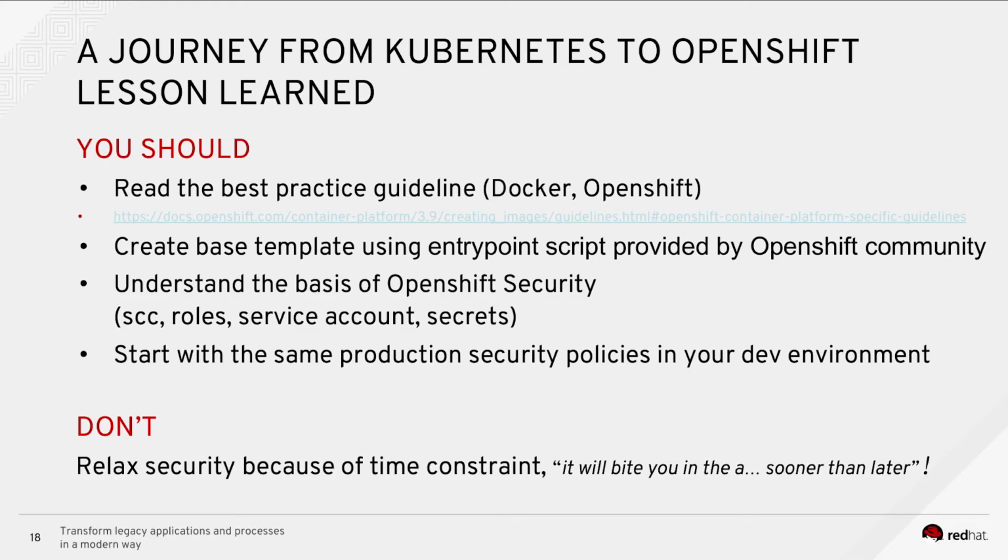First, start by reading the best practices, even for Docker, Kubernetes, and OpenShift, because you'll learn a lot of things. And when you start and you don't have the knowledge, it's better to start with some guidelines than with a blank page. There is a best practice for creating a base image. For us, for example, we run on a RHEL image by default.